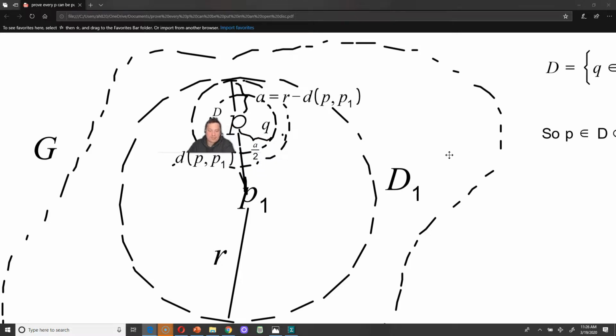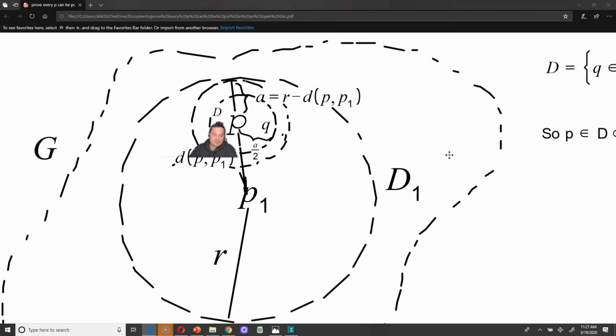So I've just constructed a disk around point P. Now notice something. That disk D is clearly a subset of the disk D sub 1, and D sub 1 is clearly a subset of G. You see that? So what I'm saying as a conclusion, if you look at this picture very carefully, it's telling you the story.